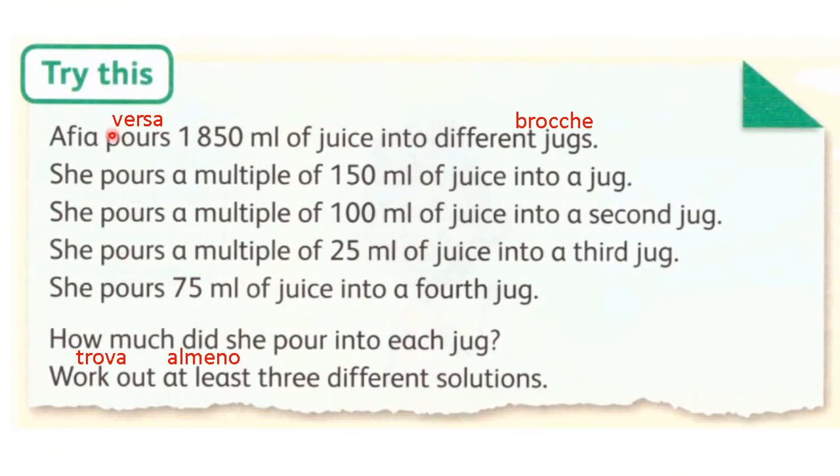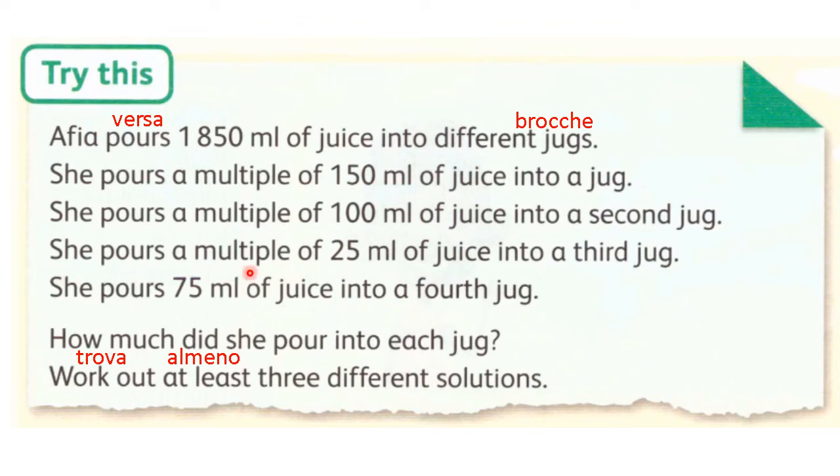Let's read the Try This panel together. Afia pours 1,850 milliliters of juice into different jugs. She pours a multiple of 150 milliliters of juice into a jug. She pours a multiple of 100 milliliters into a second jug.